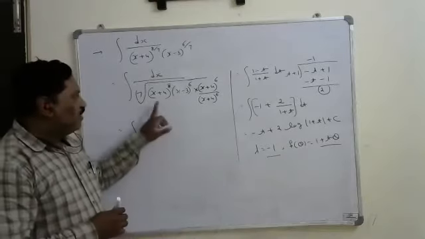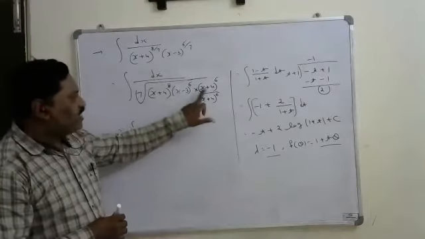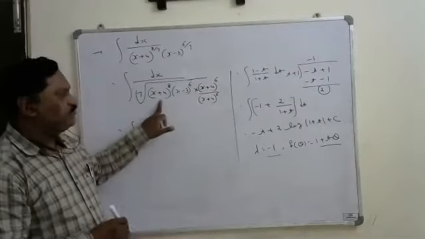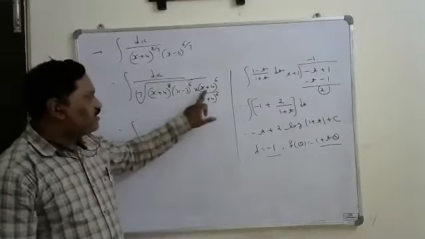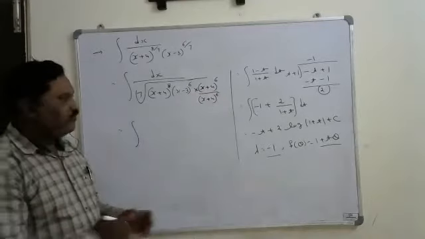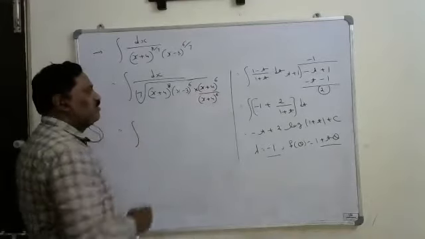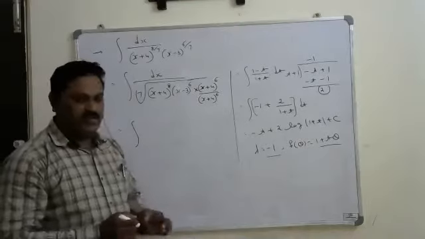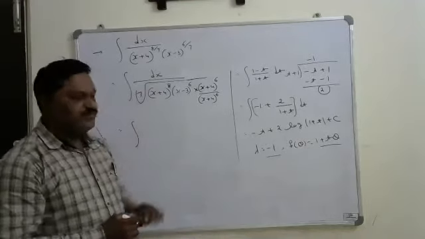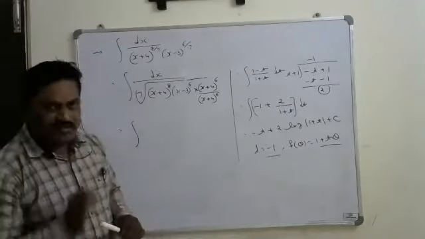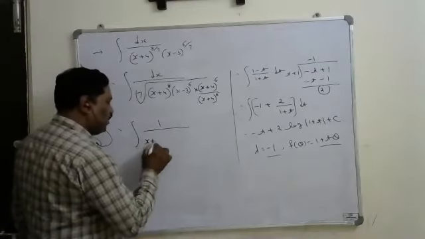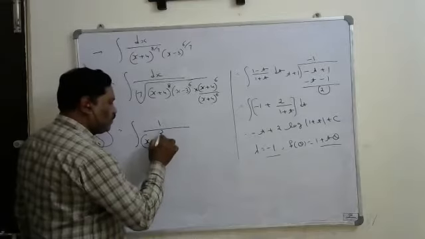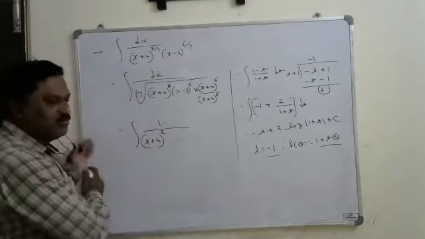Just observe here, (x plus 4) whole power 8 into (x plus 4) whole power 6. If you multiply these two, it is (x plus 4) whole power 14. The 7th root of (x plus 4) whole power 14 is (x plus 4) whole square, so 1 by (x plus 4) whole square comes out of the root.